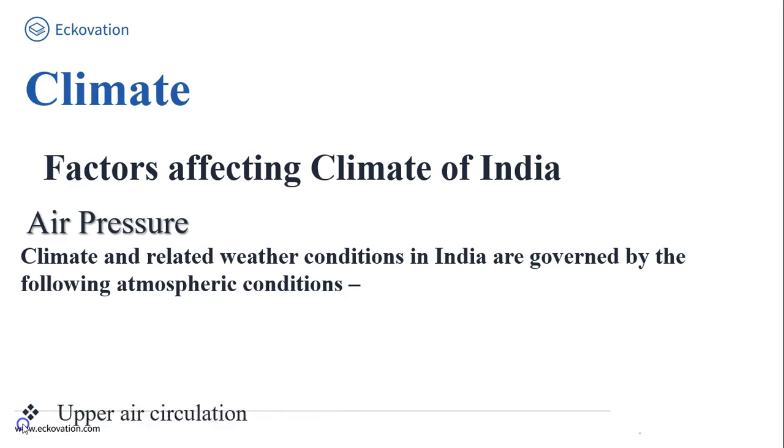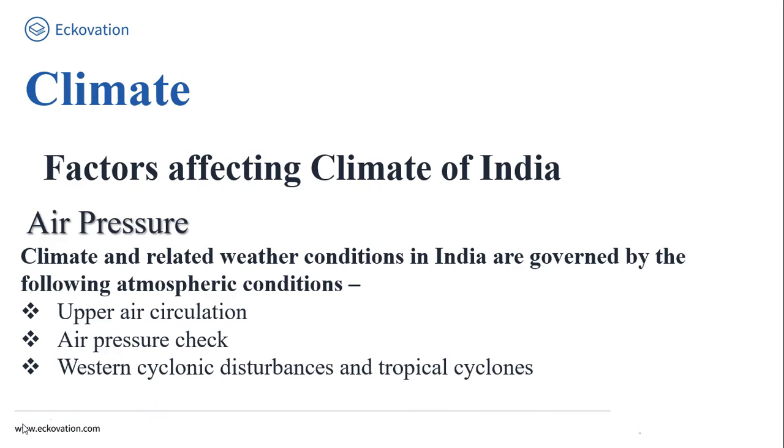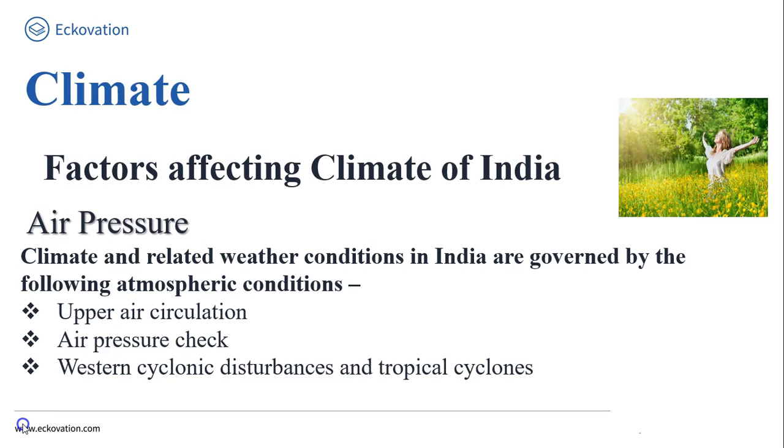The very first is upper air circulation. The second one is air pressure and surface wind, and the third one is western cyclonic disturbance and tropical cyclones. Now friends, let's move ahead.